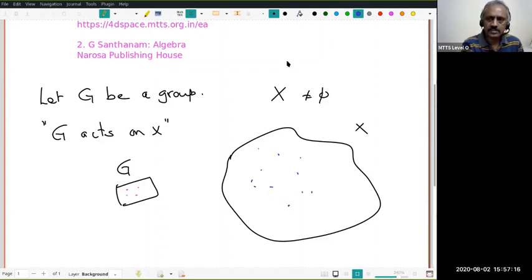Now when I say a group G acts on X, think of this X as a football field, and these blue dots are the balls at various places. And think of the elements of this group as players. So let's start with an element A, that's a player. He kicks this ball, call this ball x.